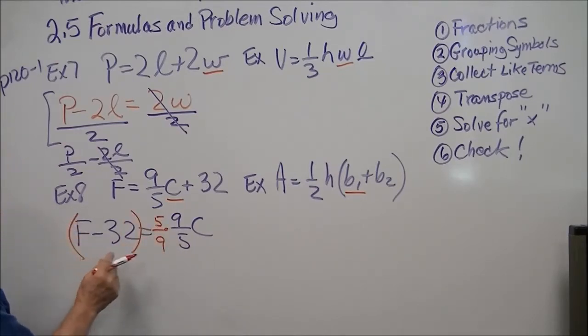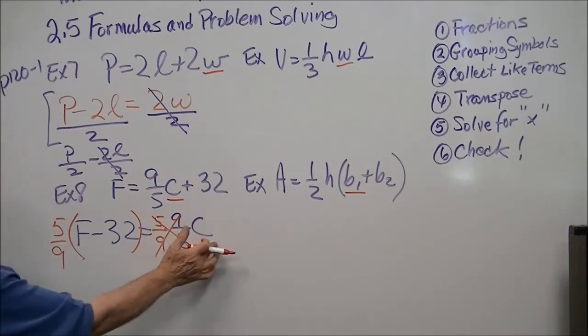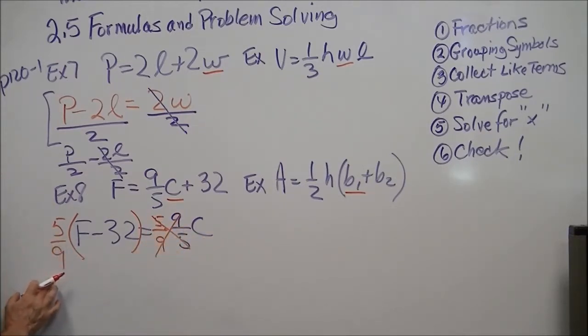Put parentheses around it because it applies to everything on this side. And then these all just cancel out, and C is equal to this. You would take your Fahrenheit reading, subtract 32 from it, and then multiply it by 5, divide by 9.